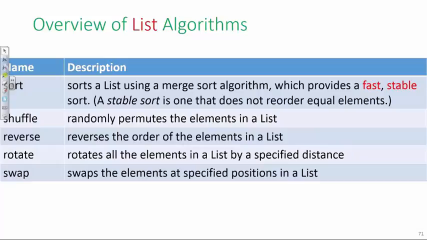There are 5 different algorithms that work on list. So we already talked about sort. We already used shuffle. You also have reverse. So all of those are self-explanatory, okay? If you have a question about any of those, interrupt, okay? But I'm assuming it's pretty clear. We've also seen swap, which allows you to consider 2 elements in a list, for example, and swap them around.